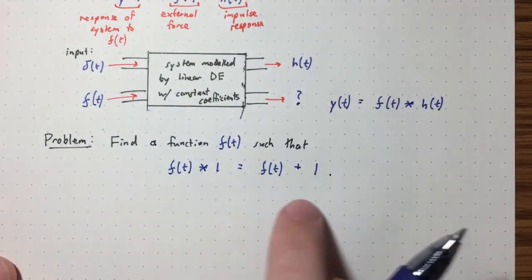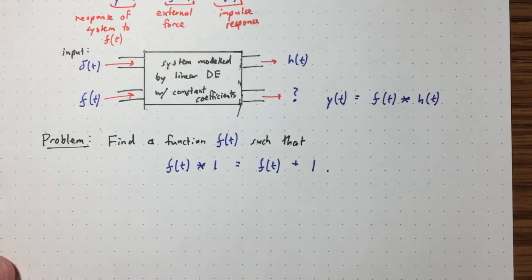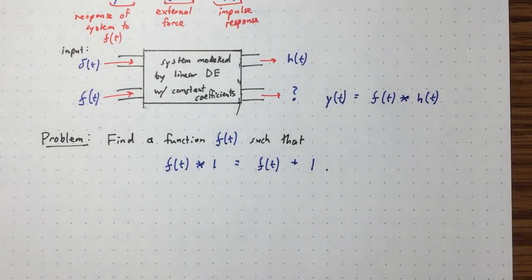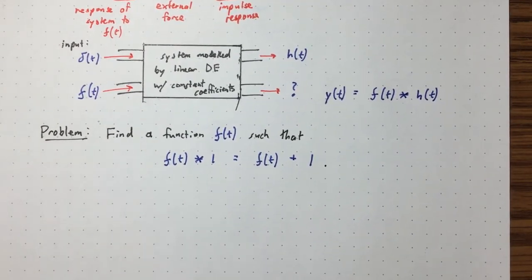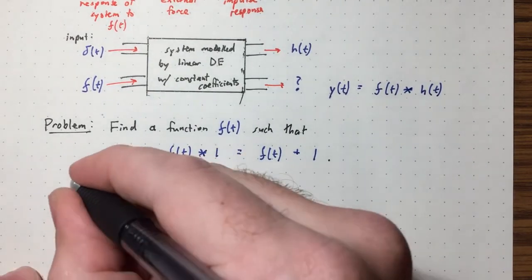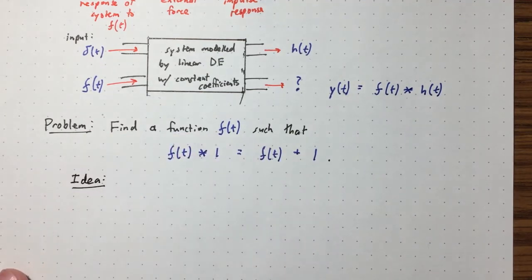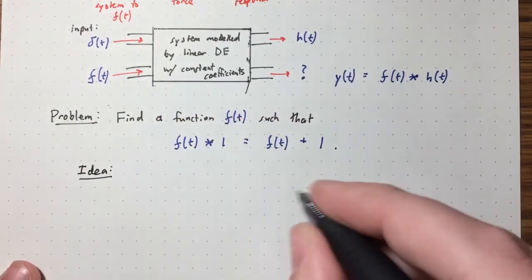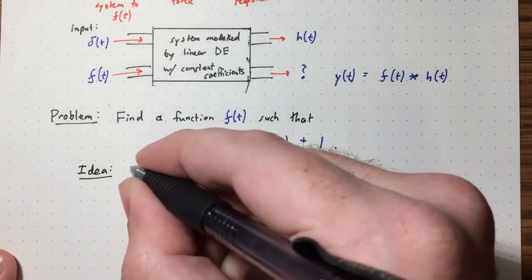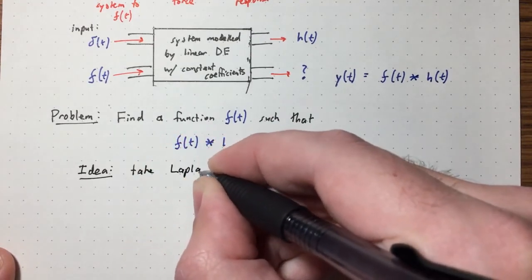And you end up with an integral equation, and then if you actually take the derivative of both sides and use the fundamental theorem of calculus, you get a differential equation, which you can solve for f. I'm not going to do it that way. I'm going to instead take Laplace transforms. And this is a typical idea, but it's surprising at first. So let's take the Laplace transforms.